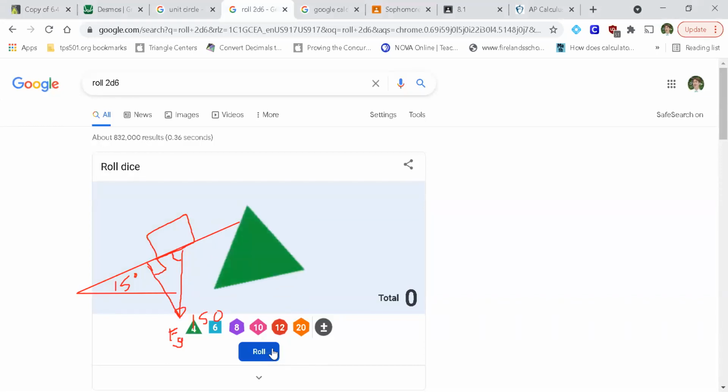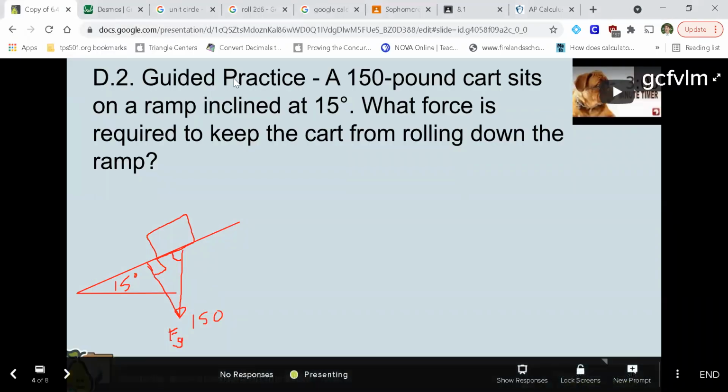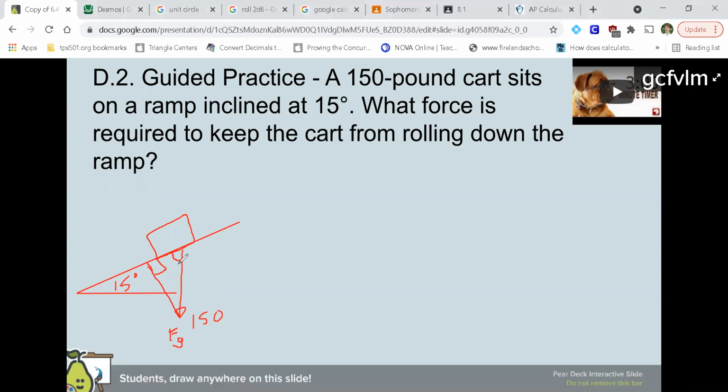Okay, Jackson, the dice has decided it is you again. What do you think this angle is right here? It is 75 degrees. That's right. So again, the idea would be that this angle up here is 15 degrees. So then the vertical part here is 15 degrees.